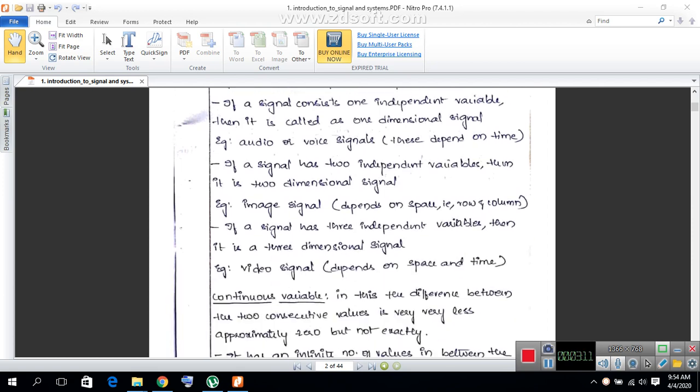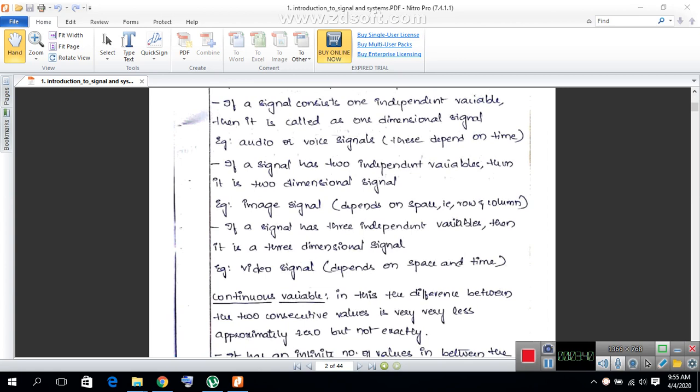So we conclude the signal is a set of data which conveys information. A signal can mathematically be formed using two variables, independent and dependent. The number of independent variables defines its dimensionality, meaning the signal which has only one independent variable is called a one-dimensional signal.